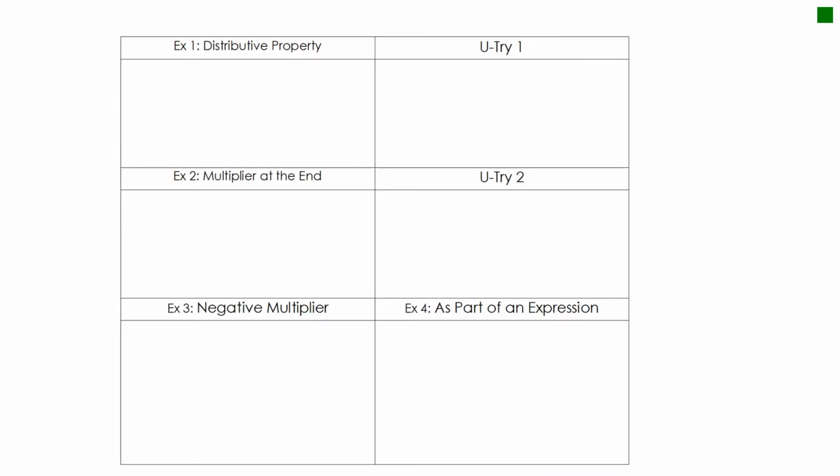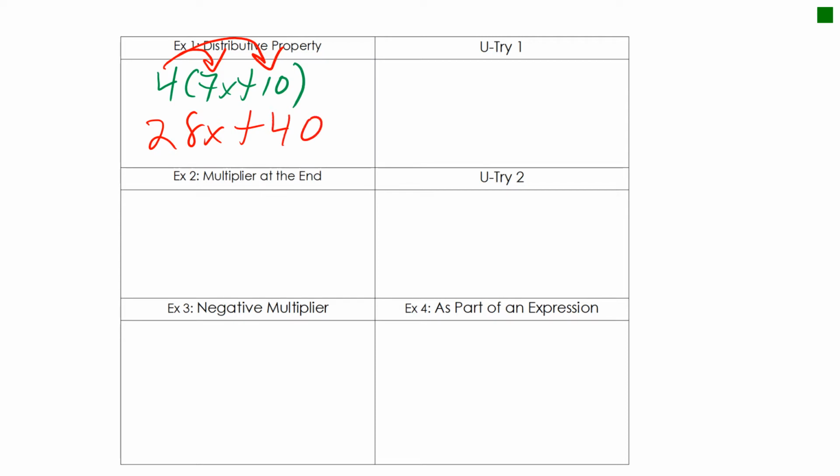All right, so we're going to be working with the distributive property. For example, if we have 4 times (7x plus 10), I like to draw arrows. Arrows tell me to multiply. 4 times 7x is 28x. 4 times positive 10 is 40, and we have just distributed.